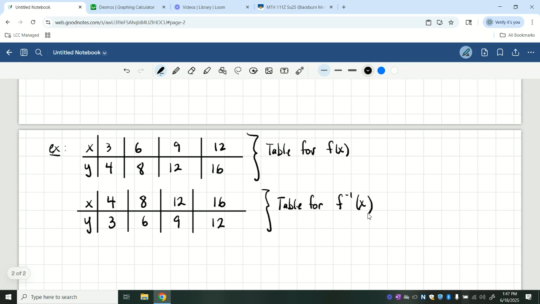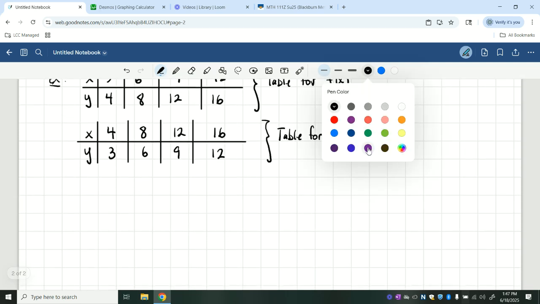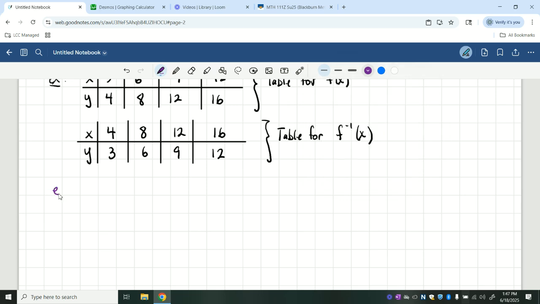Alright, now what if algebraically you wanted to find the inverse function? So for instance, what if I give you this one right here? Find f inverse of x for f of x equals 7x minus 12.